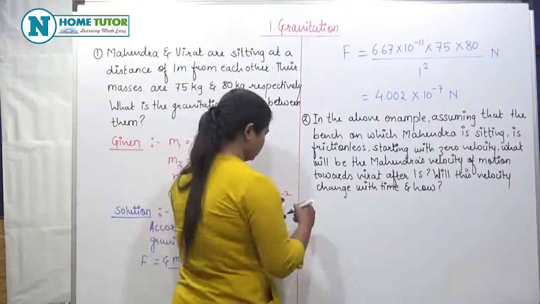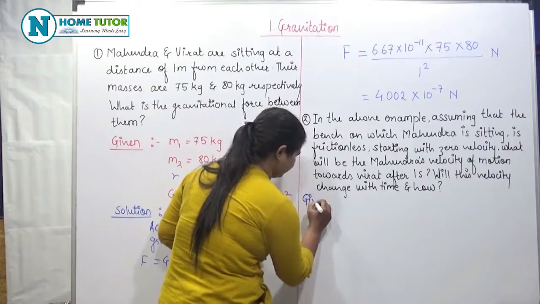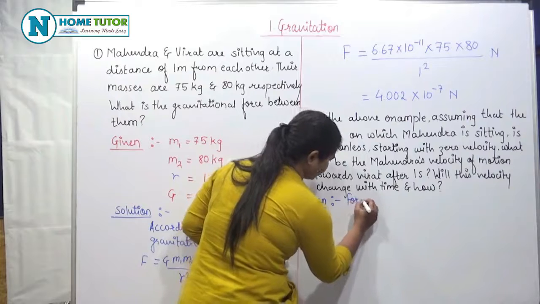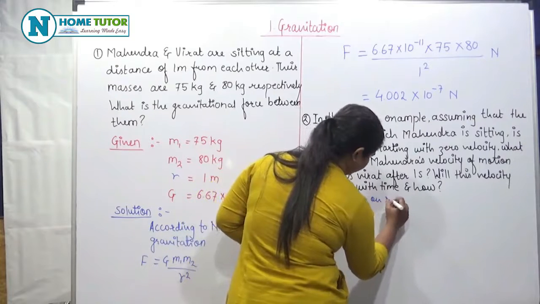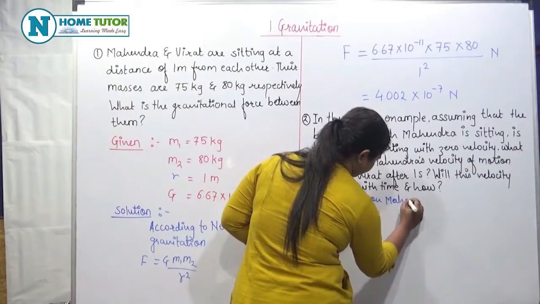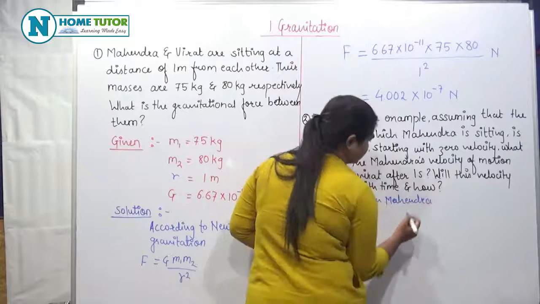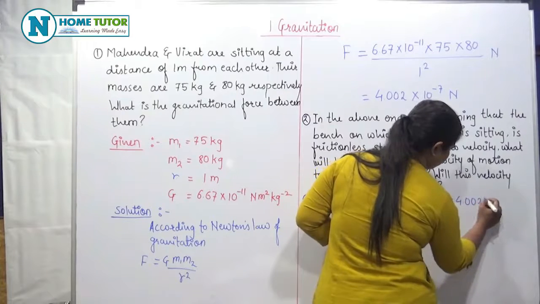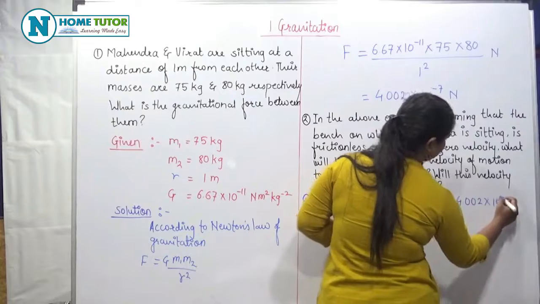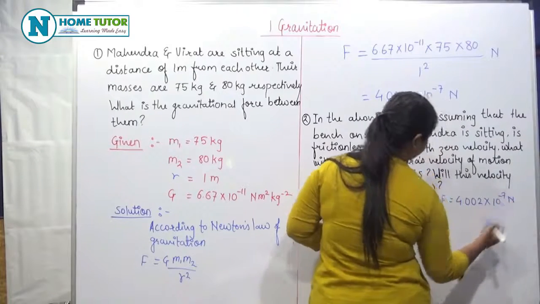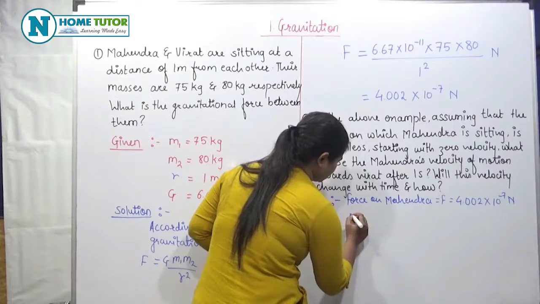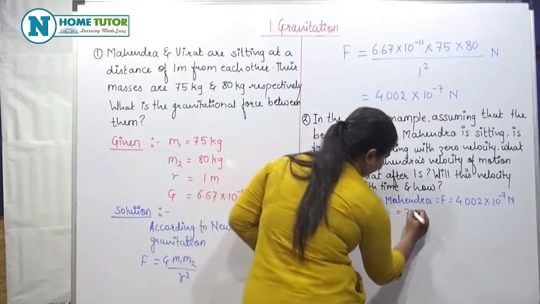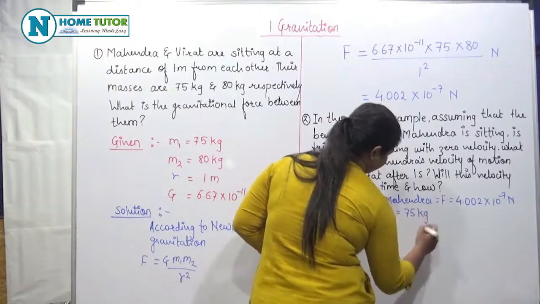So here the given things are: force on Mahendra, that is F is equal to 4.002 into 10 raised to minus 7 Newton. Then mass M is equal to 75 kg.